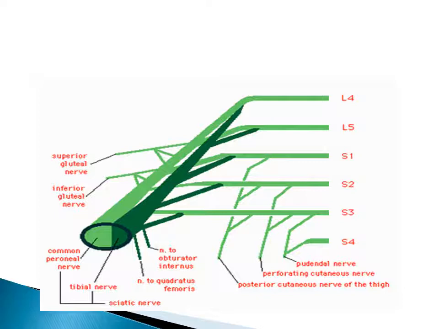The tibial nerve and the common peroneal nerve then become invested in the same fascia. They become conjoined by a common perineurium to form what we know as the sciatic nerve. And we're going to trace the sciatic nerve out of the pelvis down into the leg and ultimately onto its termination down into the foot.